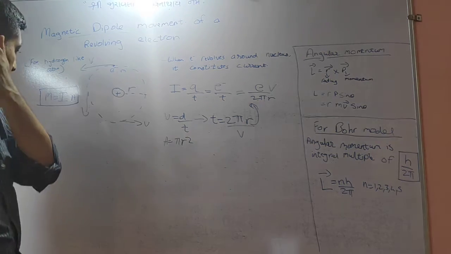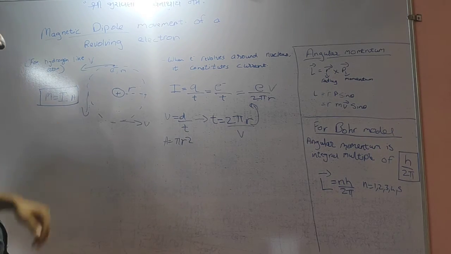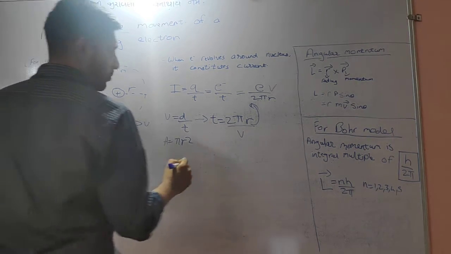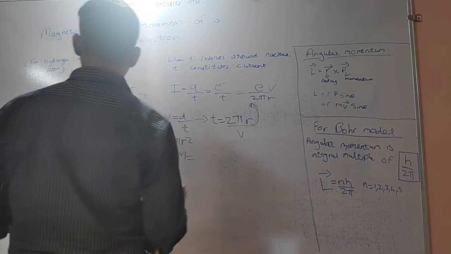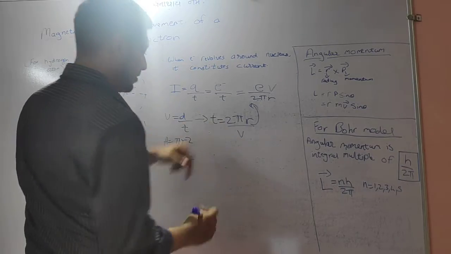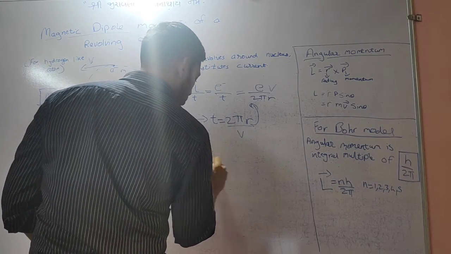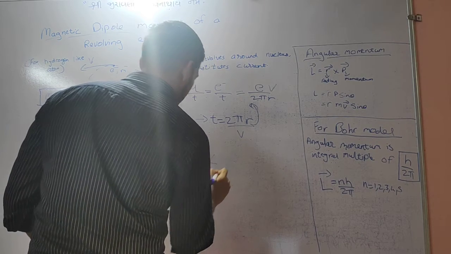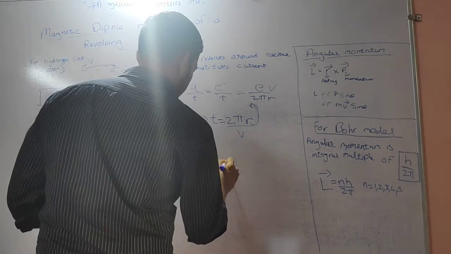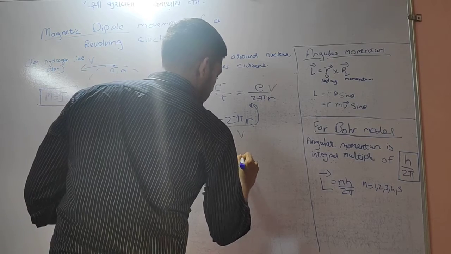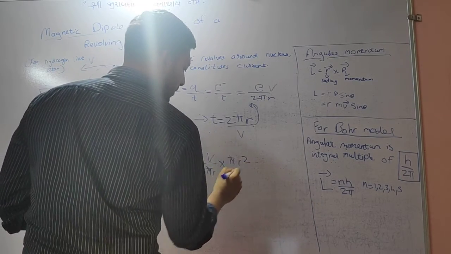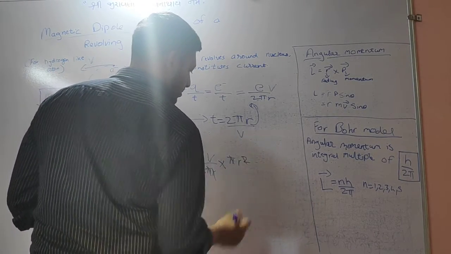From this can I find out the magnetic moment? M will be equal to I times A. What is I? I equals EV upon 2 pi r, and area is pi r square. Pi gets cancelled, one r gets cancelled.